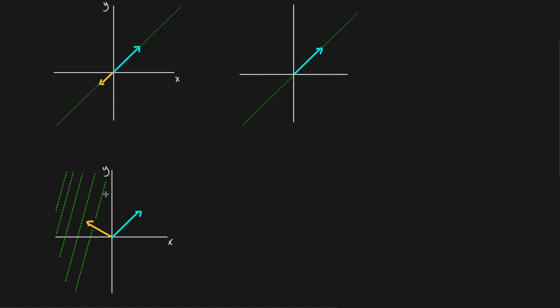So any point in the plane is going to be spanned by these two vectors. Now the question is, do these two vectors form a basis for this plane?